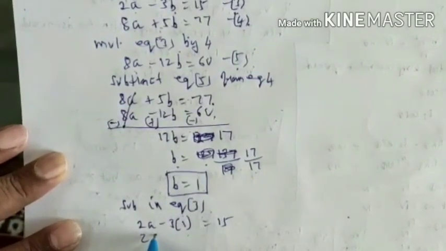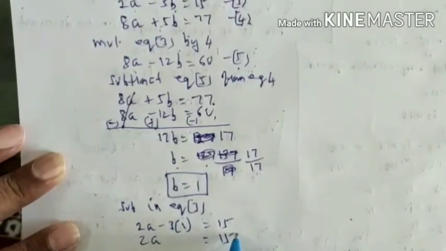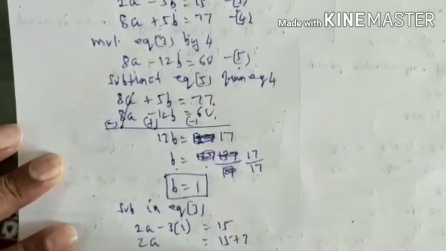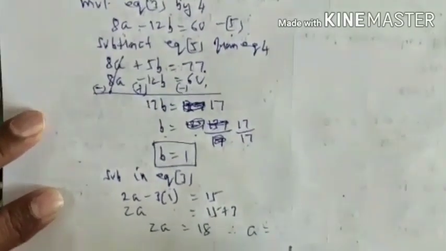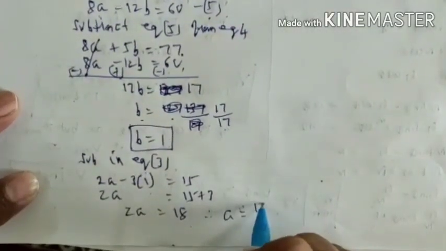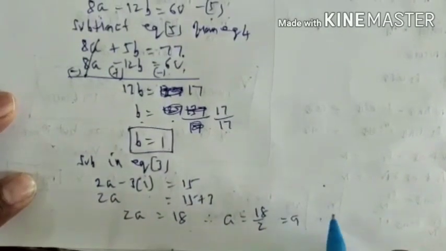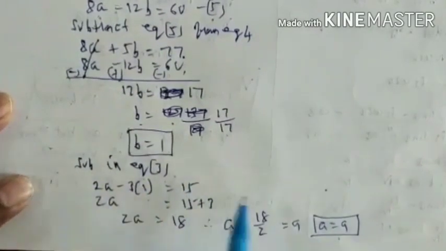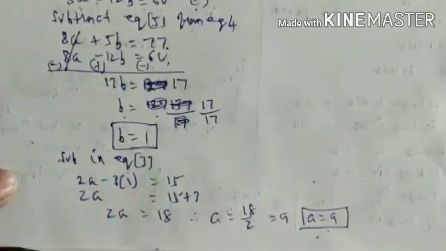Or we get 2a is equal to, this minus 3 going to the right side, we get plus 3, or we get 2a is equal to 18. Therefore a is equal to 18 upon 2, or that is equal to 9. We got the value of a equal to 9. So we got the value of b as 1 and a equal to 9.